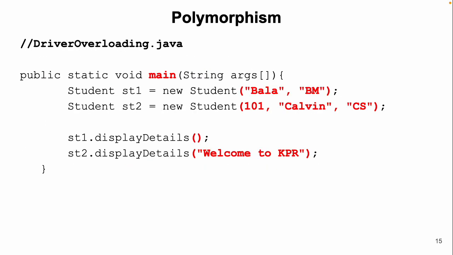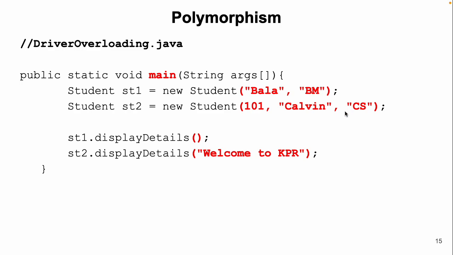So this is my main method. Here I am creating two objects, st1 and st2. One calls the constructor with two arguments, and the other uses a constructor with three arguments.